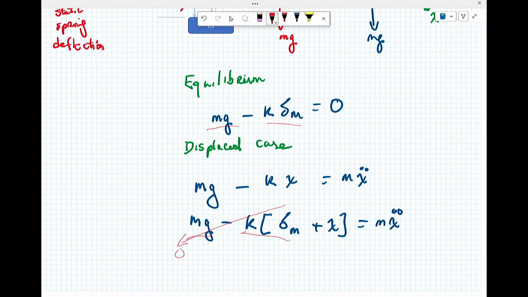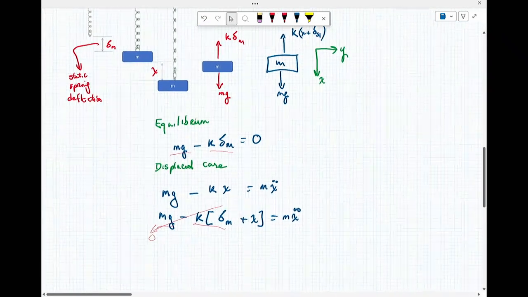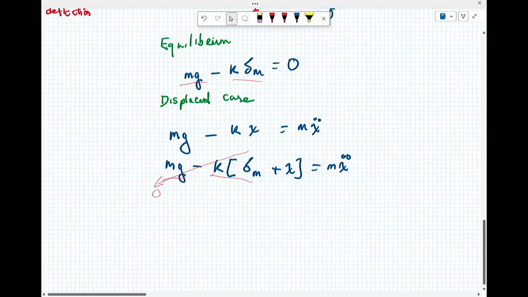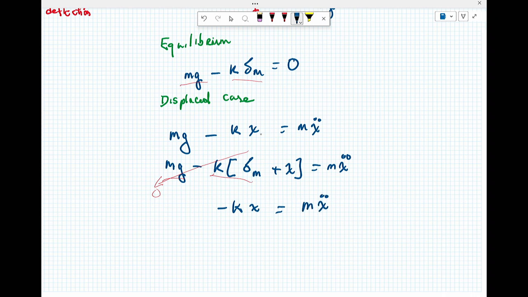I also have a really nice result because one of the things I need is a form of the equation that makes sense, so I've displaced it in such a way that it works. I have minus kx, which is equal to m x double dot. Maybe I'll say k x total there.